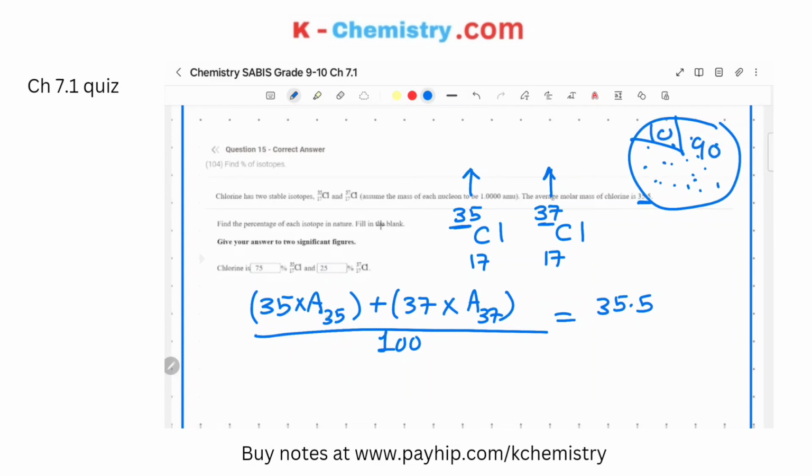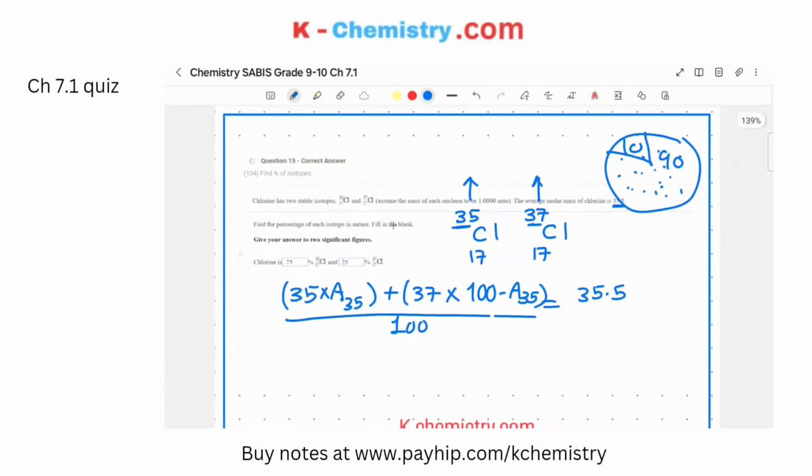So if you know that this is equal to x unknown, this will be 100 minus x, because the total will be 100%. To make this easier, I will just call this one x and call this one 100 minus x.